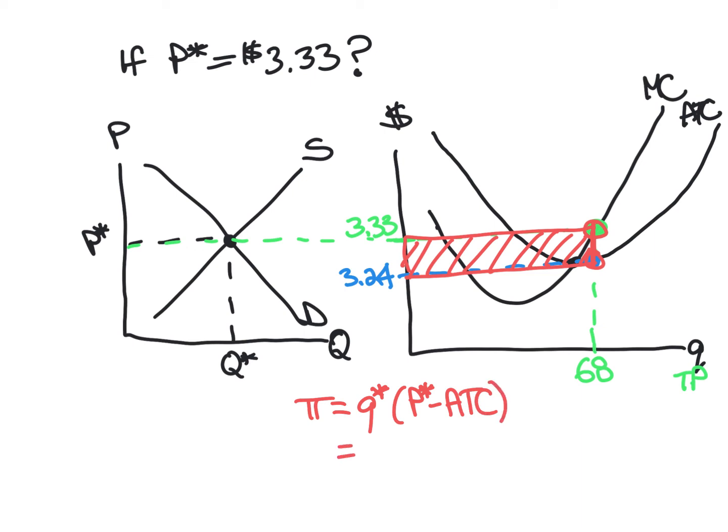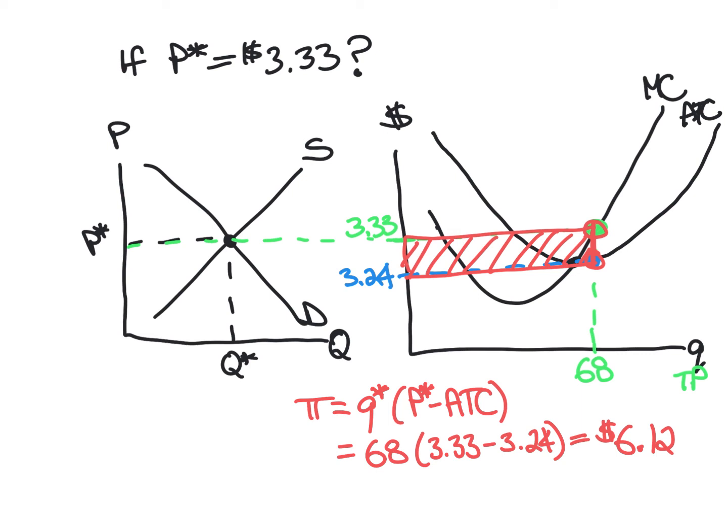So here they're producing 68 units and the price is $3.33. The average total cost is $3.24. And so they end up making a profit of $6.12. So of course this producer would want to remain open because they are currently profitable.